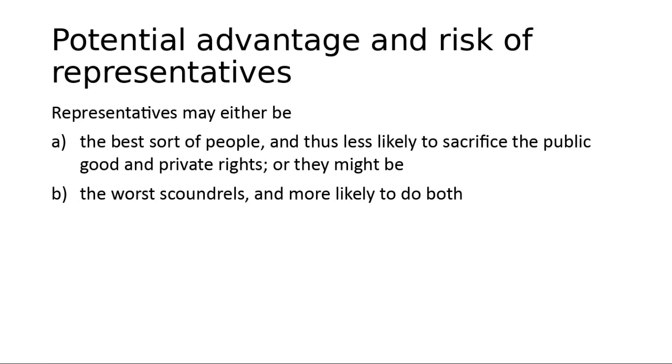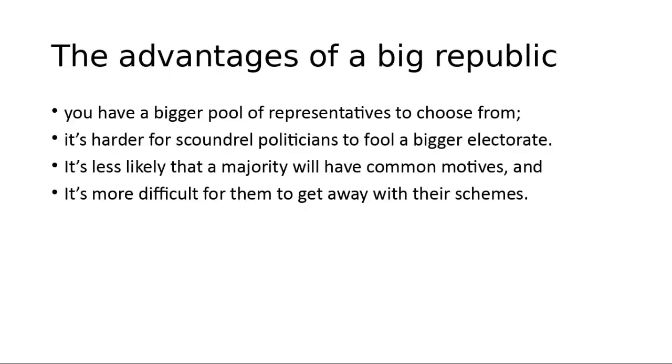They might be the people who are least likely to sacrifice the public good and private rights. That's best case scenario. On the other hand, they might be the worst scoundrels who are able to manipulate the populace and exploit their prejudices and so forth. Both of these are possible if you've got elected representatives. However, here's what Madison wants to argue.